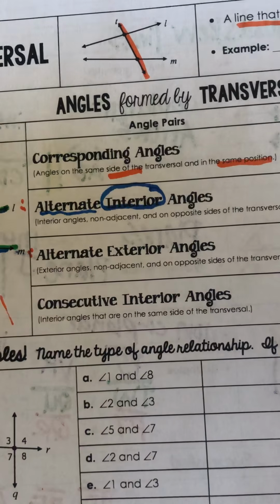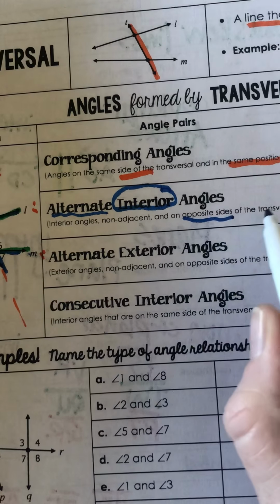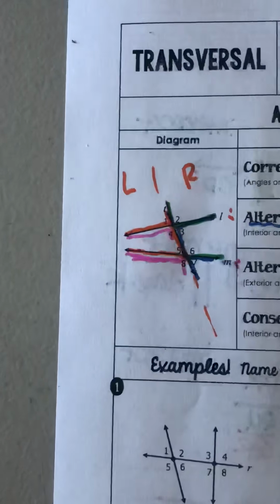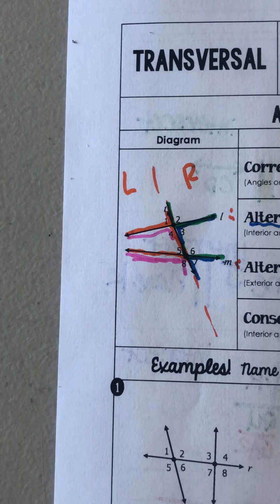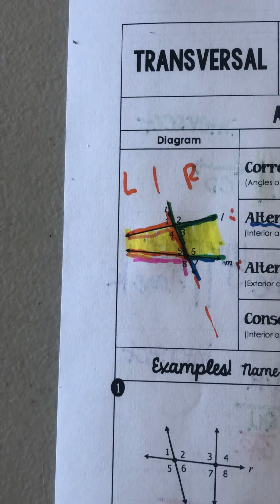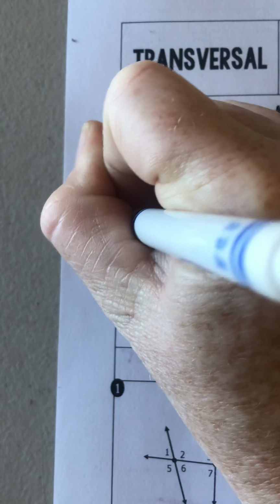Okay, so on the inside of your two lines that are not the transversal, but on opposite sides of the transversal. That's what alternate means, okay? So let's look at that. The inside of your lines cut by the transversal are right here. Those are interior. If you want to write that, you can. That's the interior of this diagram.